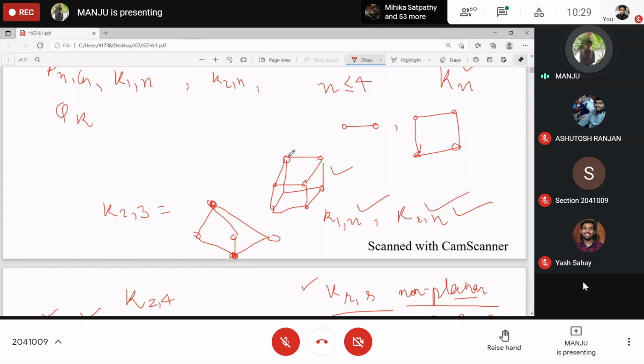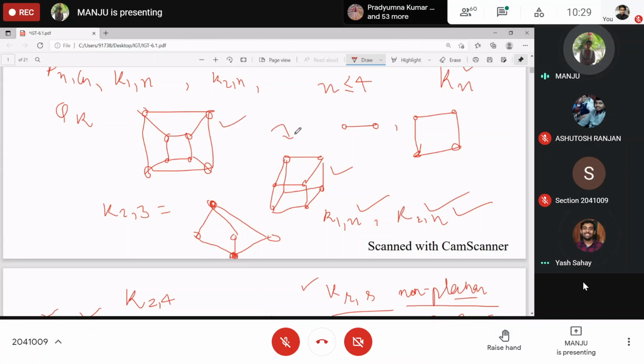Try to shrink this part, try to draw this smaller part inside the bigger one. Now there is a plane drawing of this, so this is also planar. So Qk is planar for 1, 2, 3. Clear?